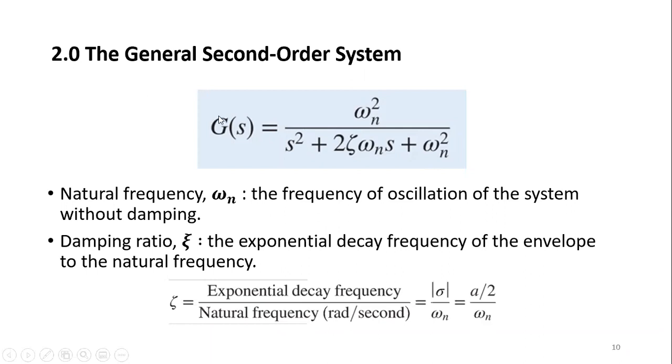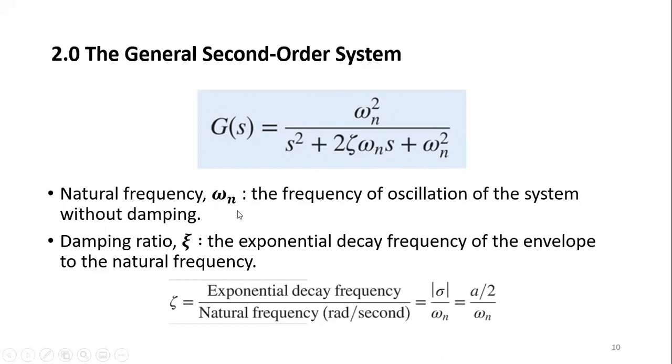Theoretically, the general form of the second order system is equal to the natural frequency squared over s squared plus 2 times the damping ratio times the natural frequency times s plus the square of the natural frequency. So there are two elements in the second order system: the natural frequency and the damping ratio.